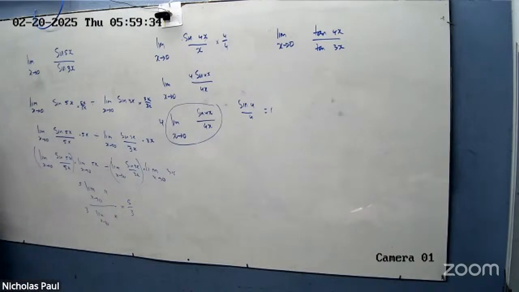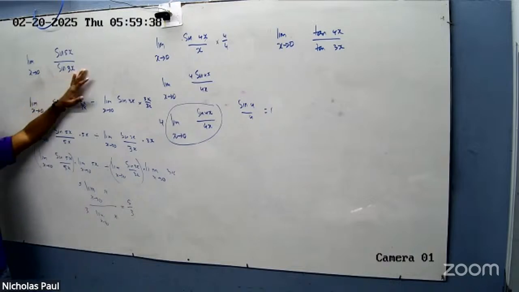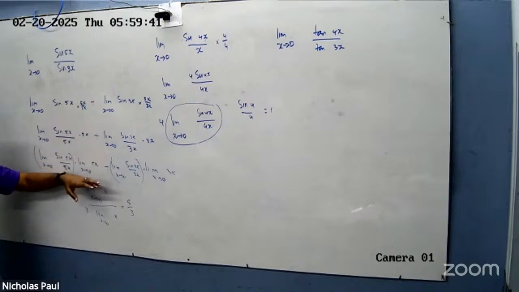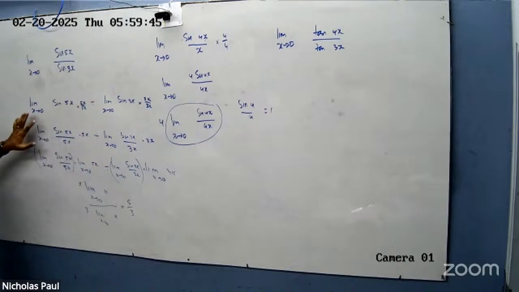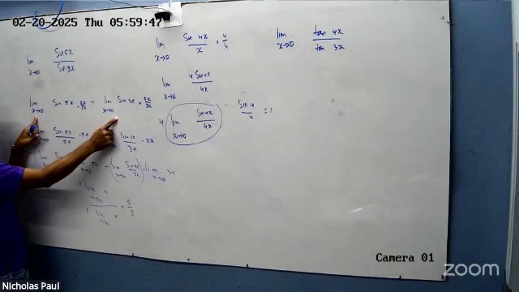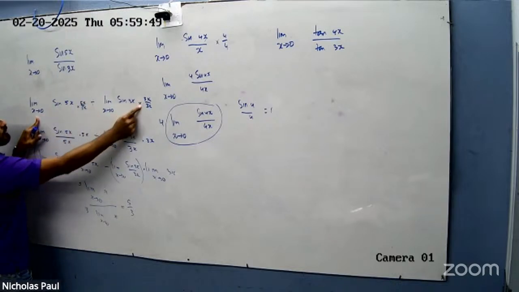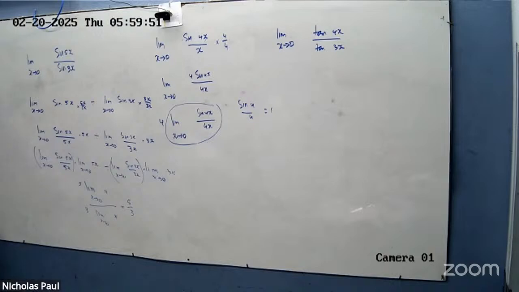That's okay? Please learn to do all these steps. I know you all can watch it here and figure it out, but you have to give them all these steps. Okay? So all I did is I used the division rule, then I multiplied by 5x and 3x. If you want, there's another way you can write it as well.